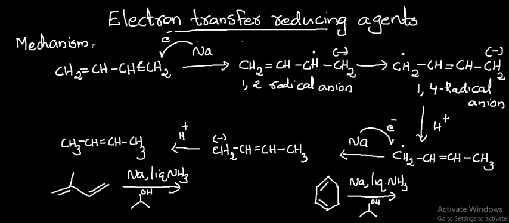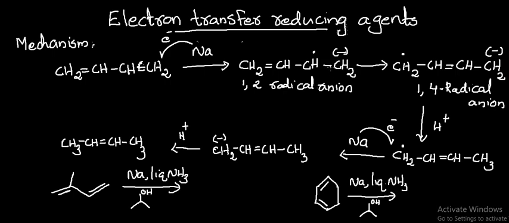This is the 1,2 radical anion, and it is highly unstable due to electronic repulsion. Here one electron and one negative charge are accumulated very closely.